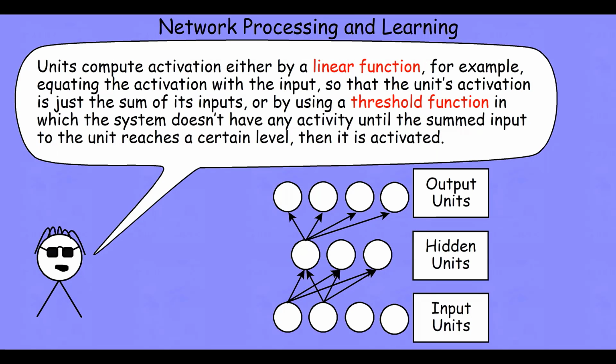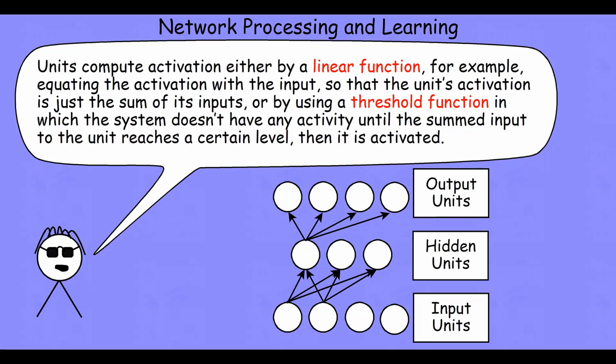Units compute activation either by a linear function, for example, equating the activation with the input so that the unit's activation is just the sum of its inputs, or by using a threshold function in which the system doesn't have any activity until the summed input to the unit reaches a certain level, and then it becomes activated.